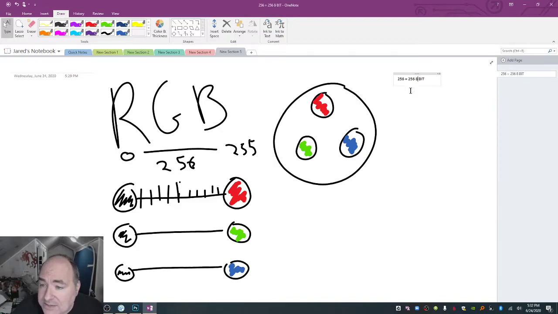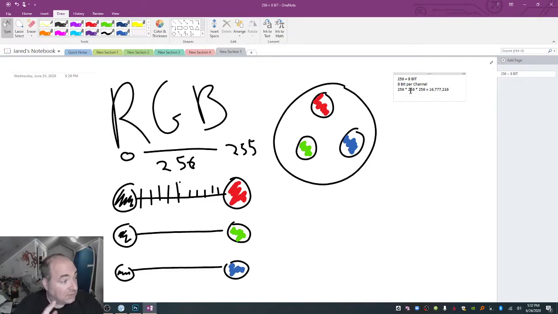But in this case, we don't mean 8-bit overall, we mean 8 bits per channel. So we have a red channel, a green channel, and a blue channel. We have two ways of looking at this. We can take 256 shades of red times 256 shades of green times 256 shades of blue, and we get 16.7 million colors.